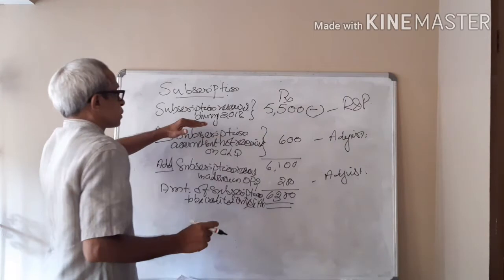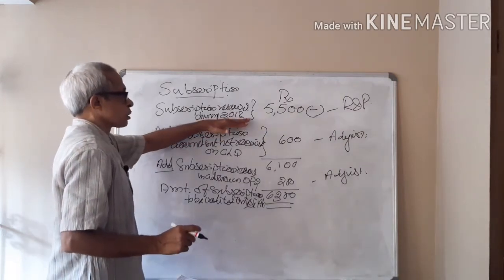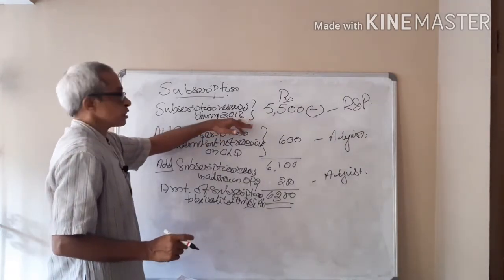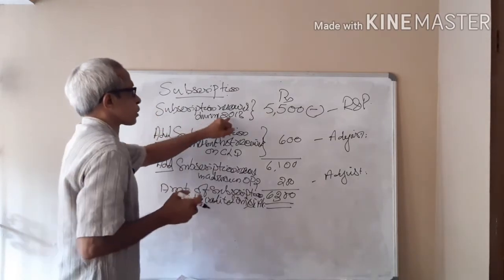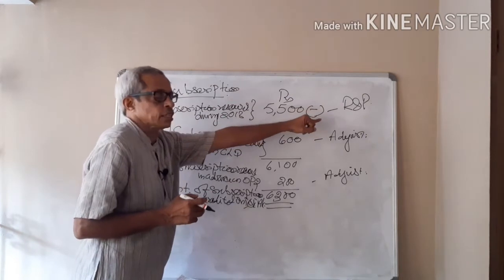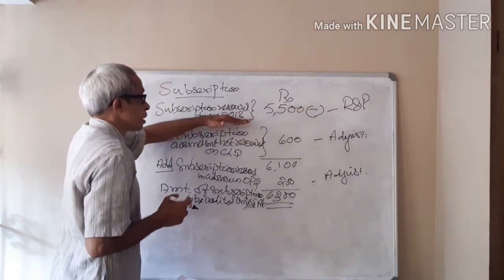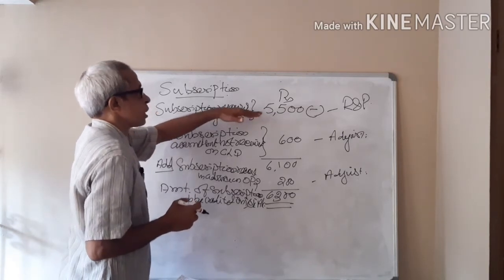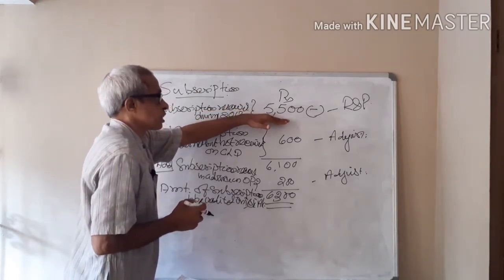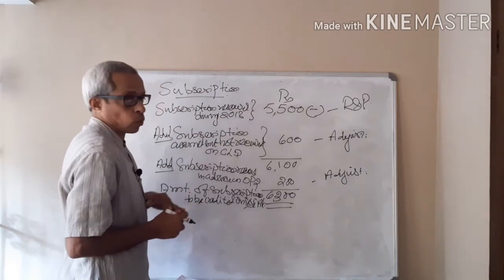So in this problem, we are not concerned about subscription of the previous year and the subscription of the coming year, 2014. We are concerned only with the subscription of 2013, that figure is available in receipts and payments account.